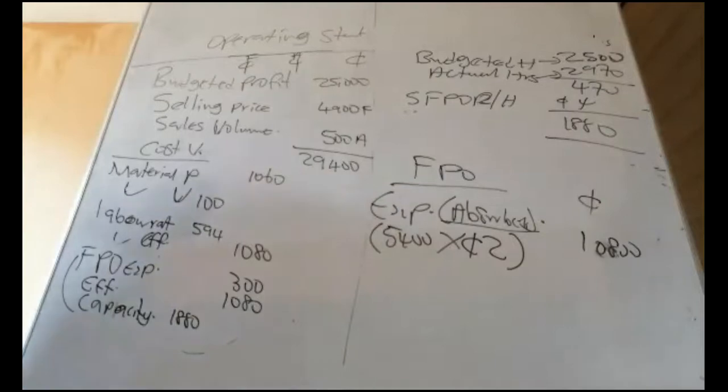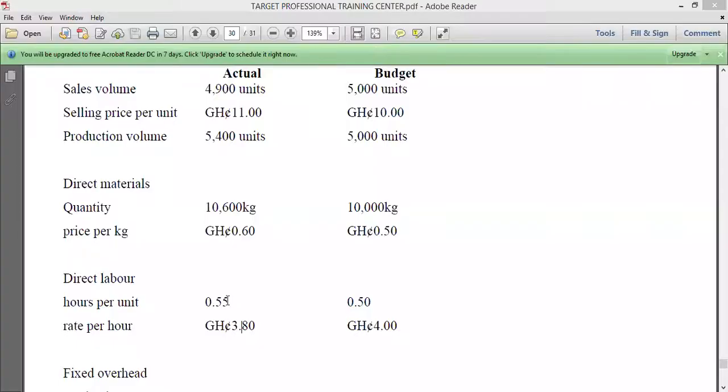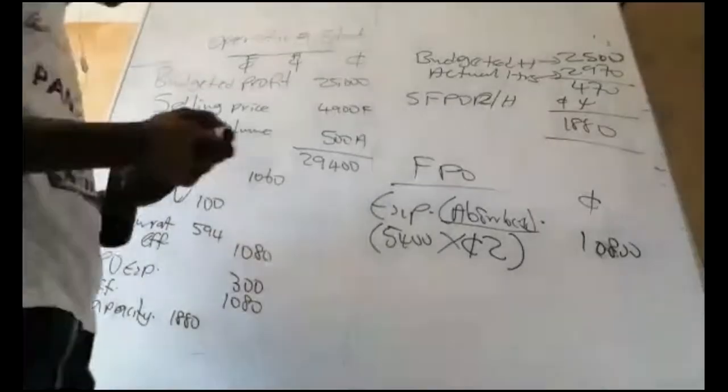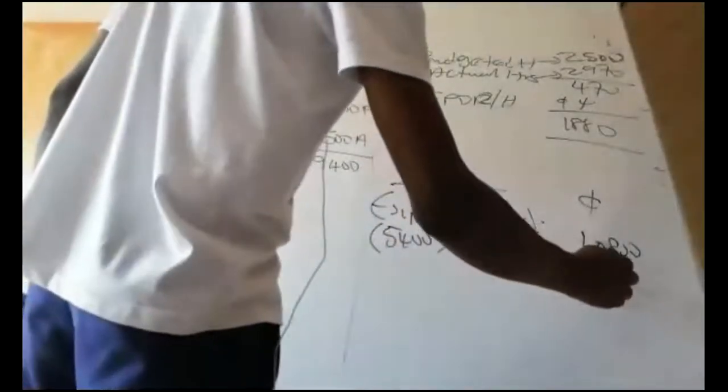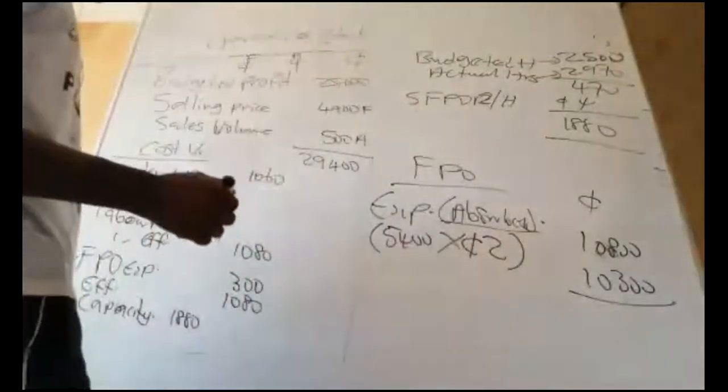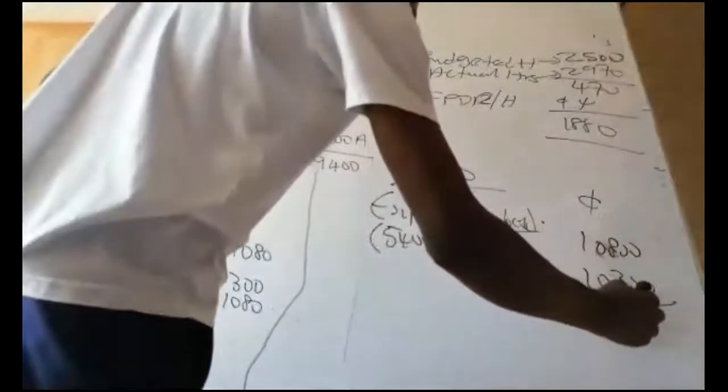The actual fixed production cost from the question is 10,300. So the actual is 10,300, leaving a variance of 500.